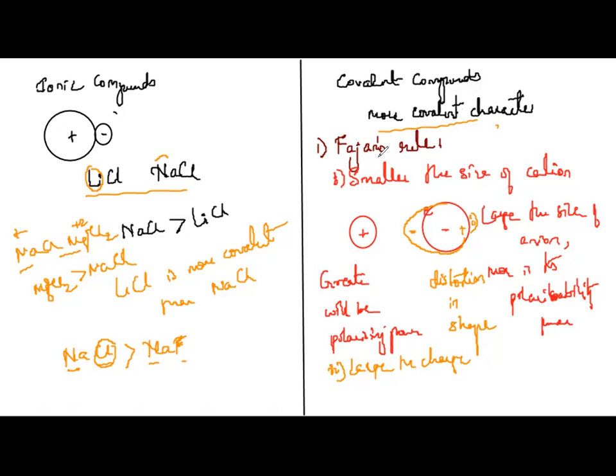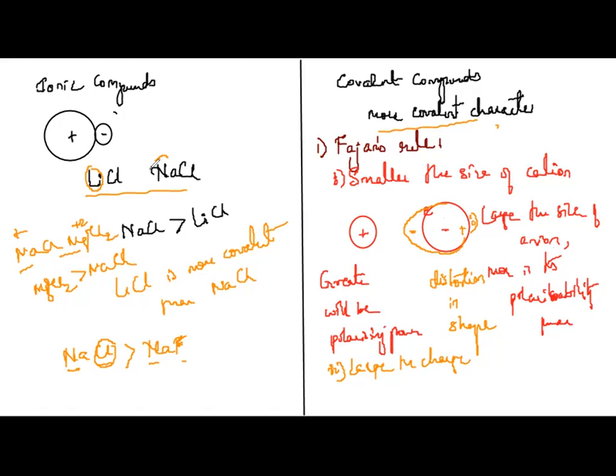So how can you say which has more covalent character? Smaller the size of the cation, greater will be the polarizing power, so greater is the covalent character. Second, larger the size of the anion, more is its polarizability, the ability of getting polarized, and more is the covalent character. Third, larger the charge on either of the 2 ions. As the charge on either of the 2 ions increases, covalent nature increases.